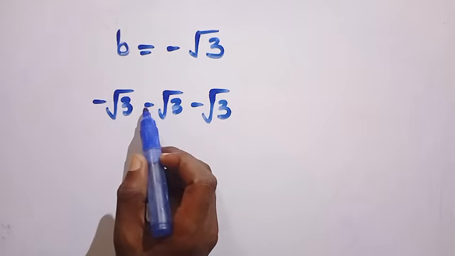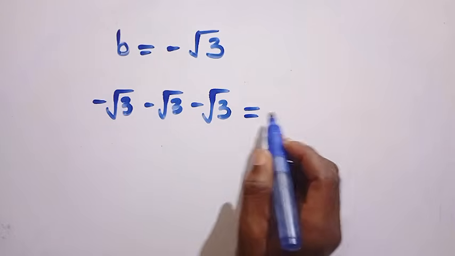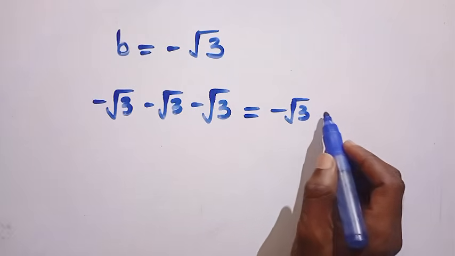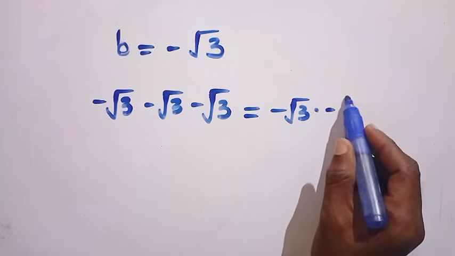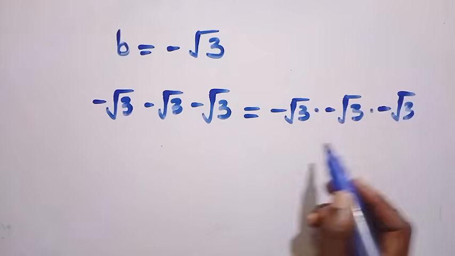I change this to negative because negative times positive gives us negative. Then equals minus square root of 3 multiplied by minus square root of 3 multiplied by minus square root of 3.